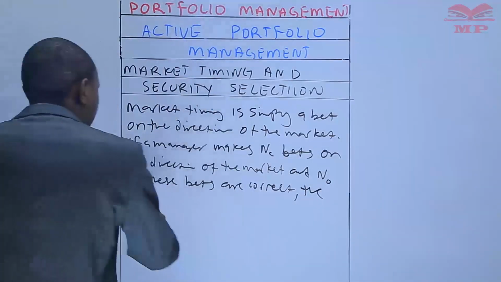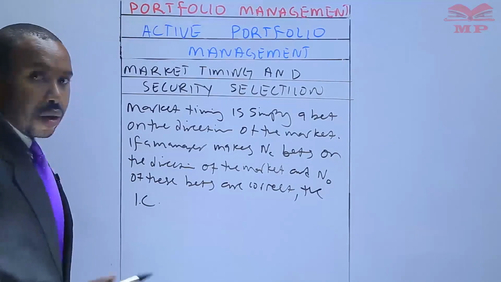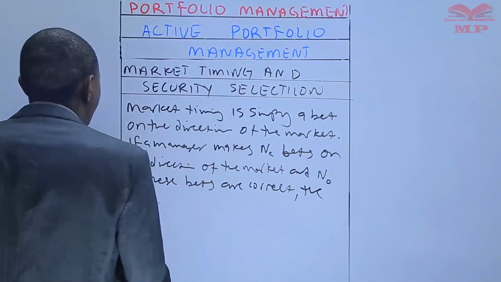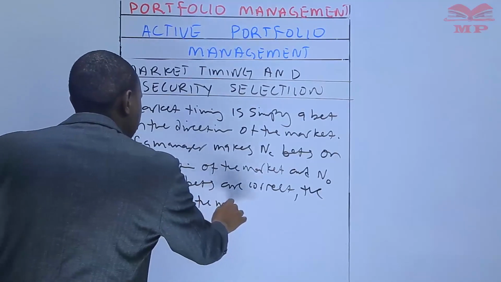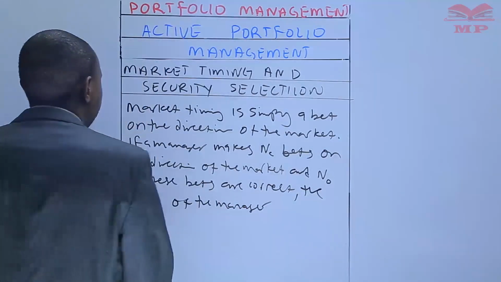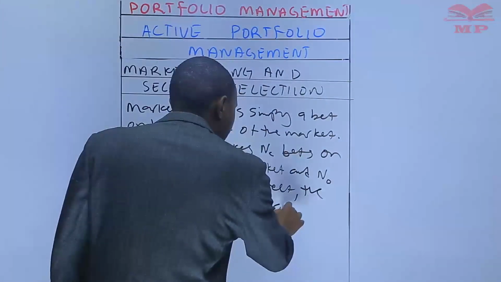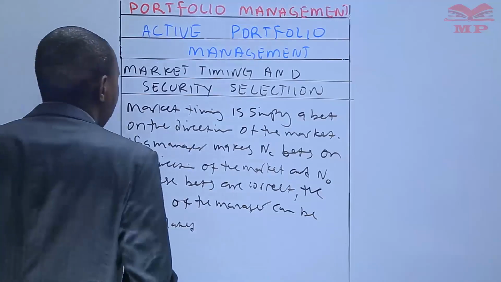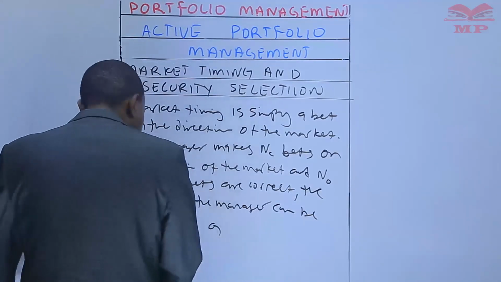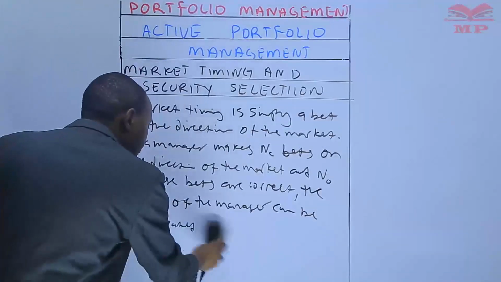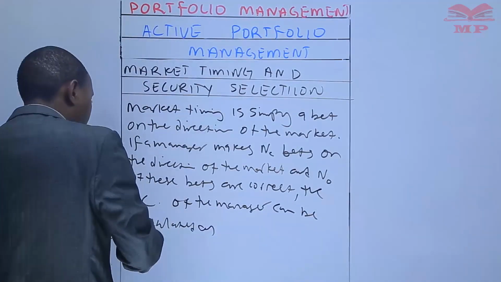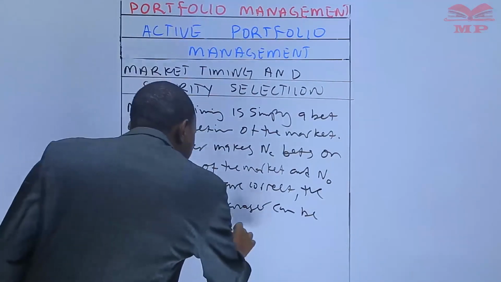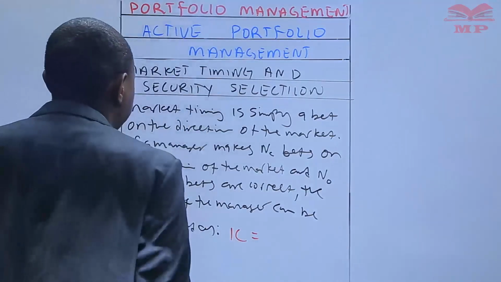the information coefficient, the IC, which we already know represents the information coefficient, of the manager can be calculated as follows. Let me put a colon like that: the information coefficient IC is given as.